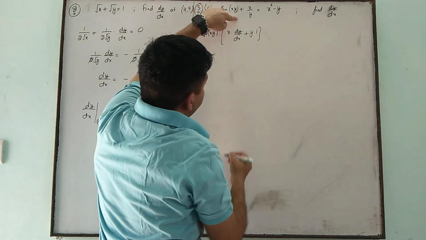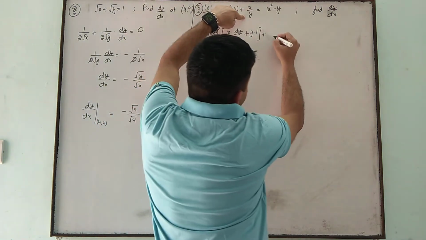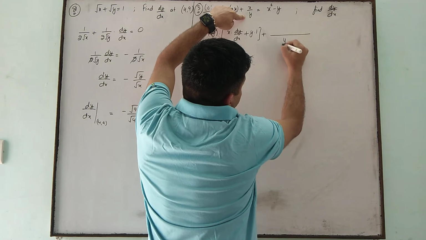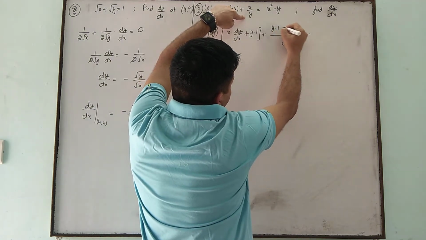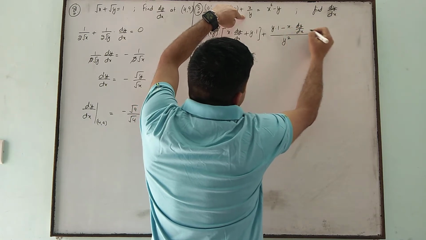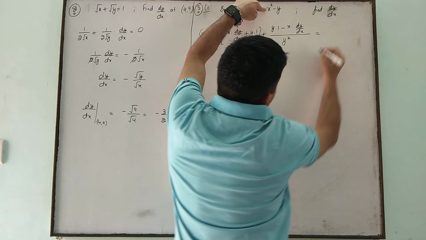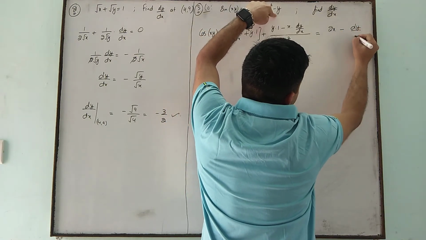This is for sine xy plus x upon y, u upon v, y square, y as it is derivative of x minus x as it is derivative of y is dy by dx is equal to, for x square 2x, for y derivative is dy by dx.